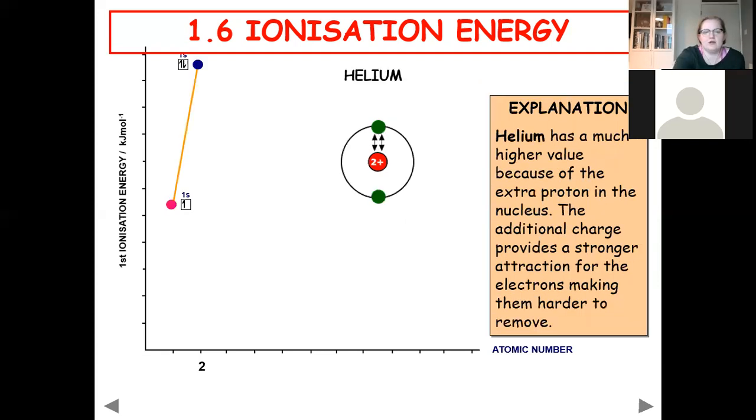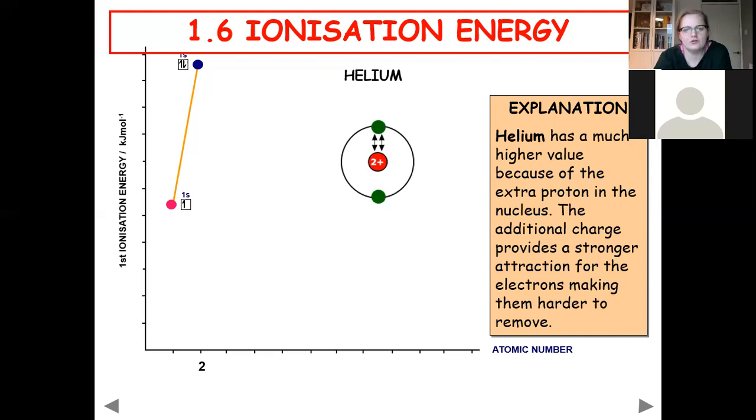So if we start here, then let's look at helium. We're going to go across the group. So helium, we have this massive jump in ionization energy again. Helium has a much, much higher value because of the extra proton in the nucleus.